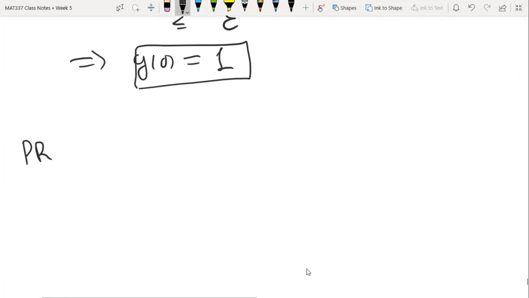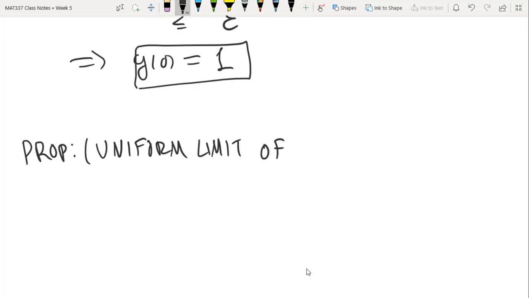Proposition: a uniform limit of continuous functions is also continuous.